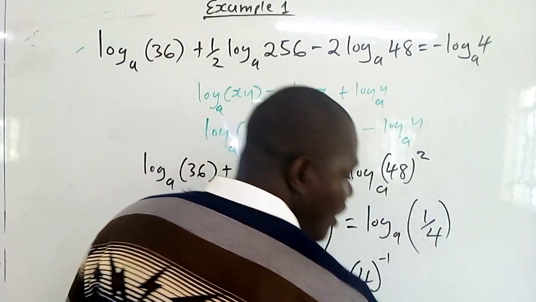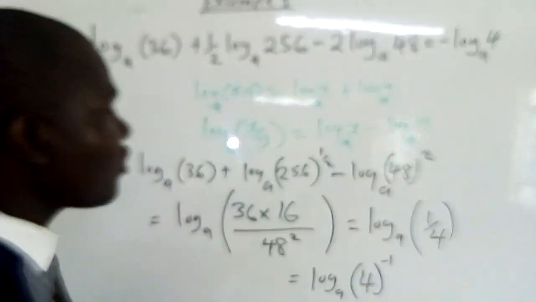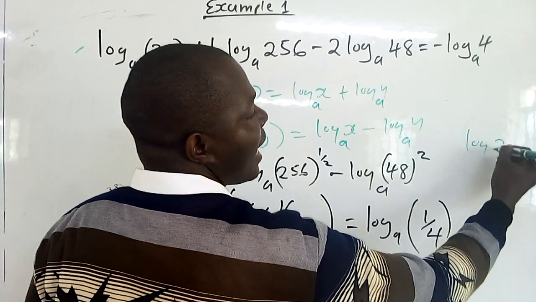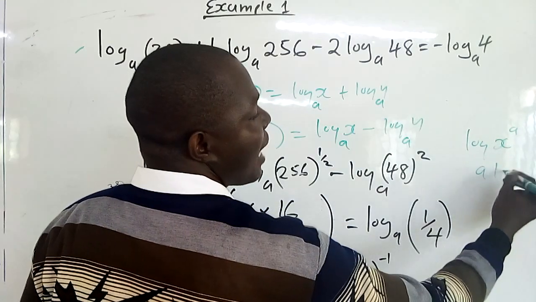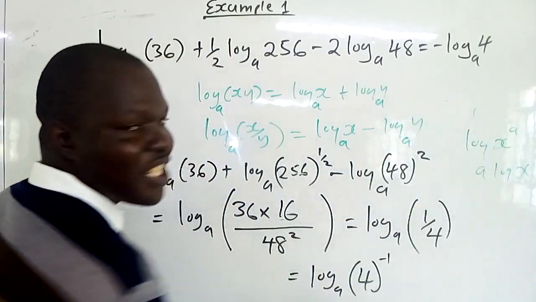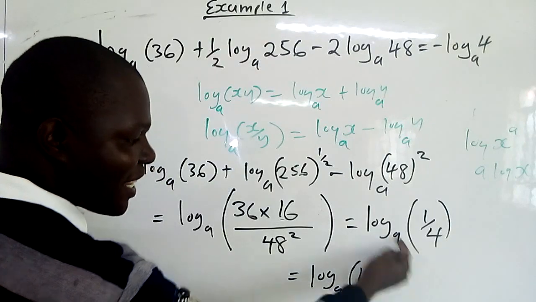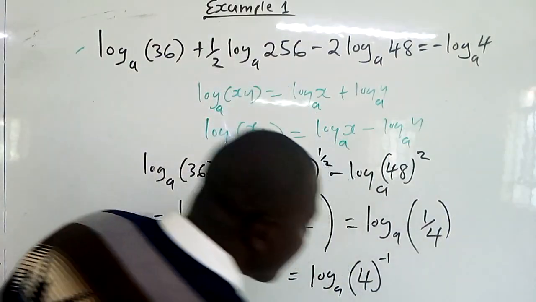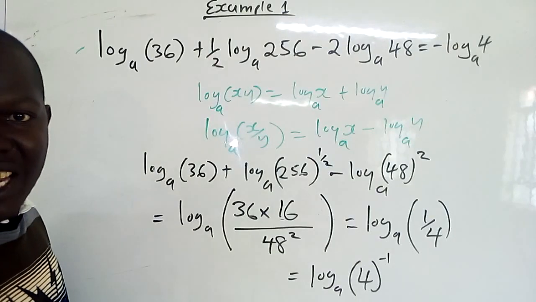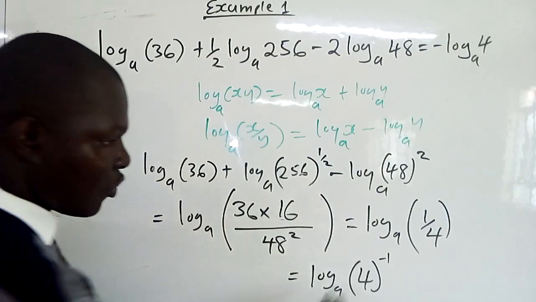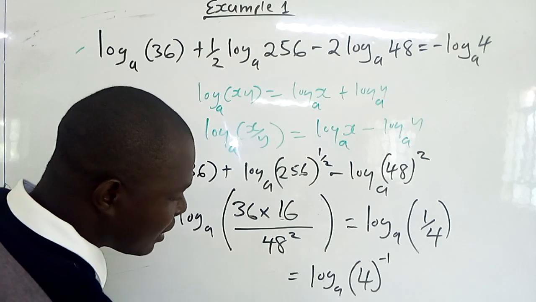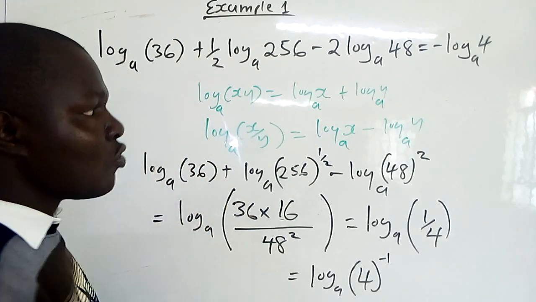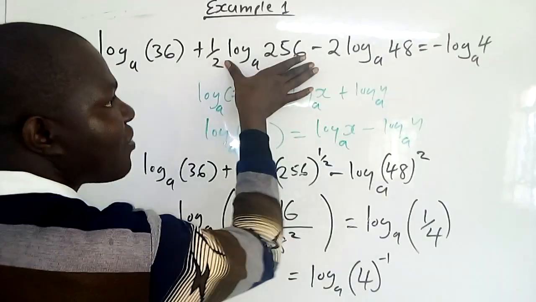So you found that. Then in the laws of logarithms, you know that when you have log x to power a, the power is expressed as the coefficient of the log. So this power negative 1 becomes the coefficient. Are we together? So you bring this negative 1 here, you have negative log 4 to base a, and you've actually shown that this is equal to that.